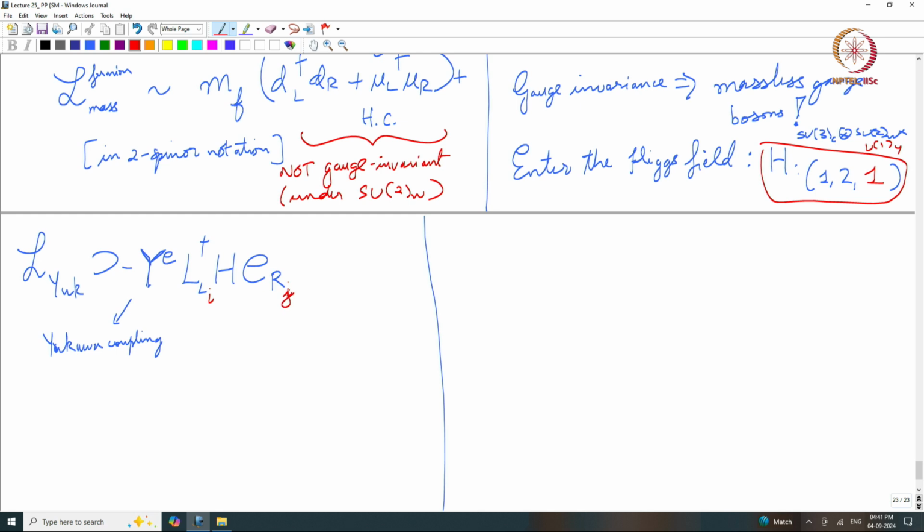So, generally, any of the three generations of the L field can hook up with any of the three generations of the E field through the Higgs this way. That means what I have here is not one coupling but a matrix of couplings. Okay. In other words, I have how many Y_ijs? I have 9 Y_ijs, 9 Yukawa couplings here.